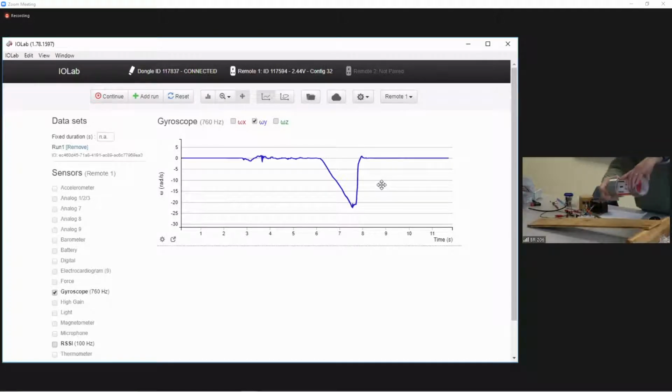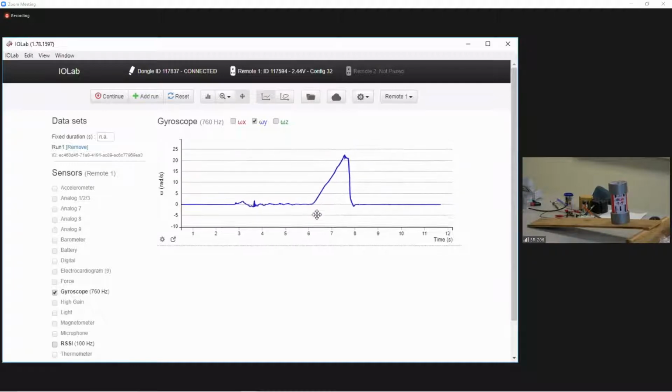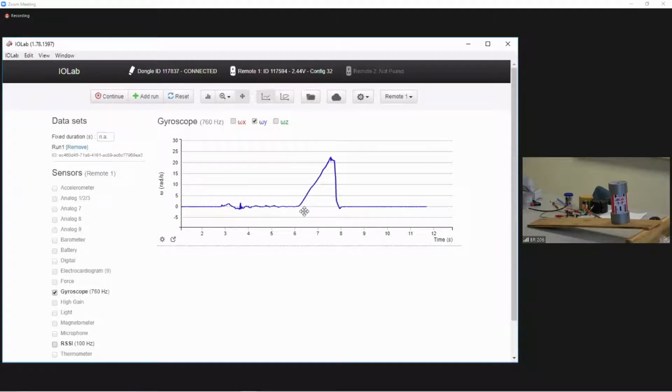I could have turned it around and rolled this way and gotten a positive omega. It doesn't really matter. But I can just go down here below my graph and choose reverse y-axis. And there is my beautiful graph of omega as a function of time.